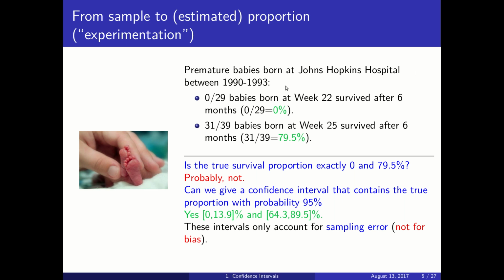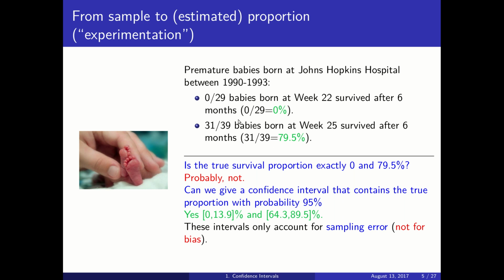So for instance, let's say that for premature babies born at Johns Hopkins Hospital between 1993, we have observed that from 29 babies that were born at week 22, none of them, so 0 of them, survived after 6 months. But if they are born, instead of week 22, on week 25, then out of these 39 babies that were born on week 25, 31 of them survived after 6 months.